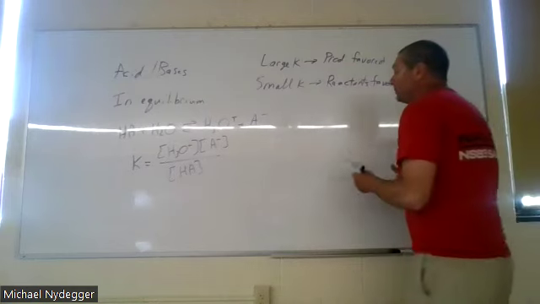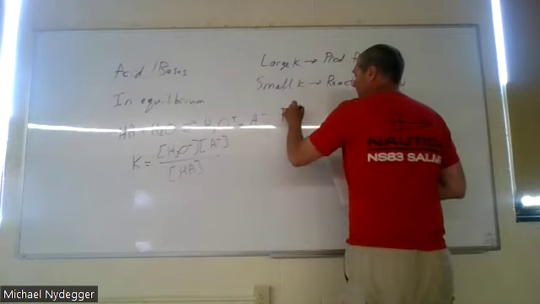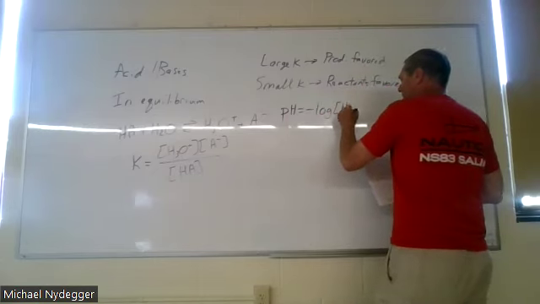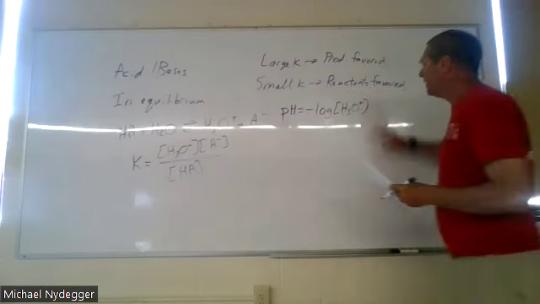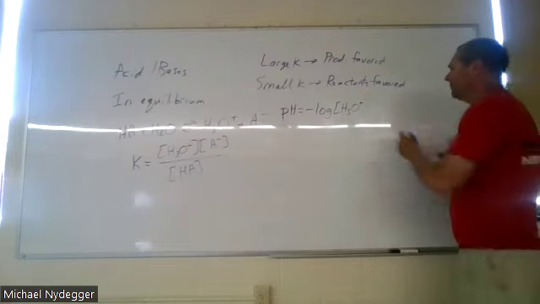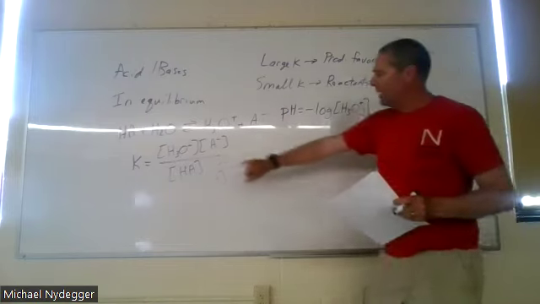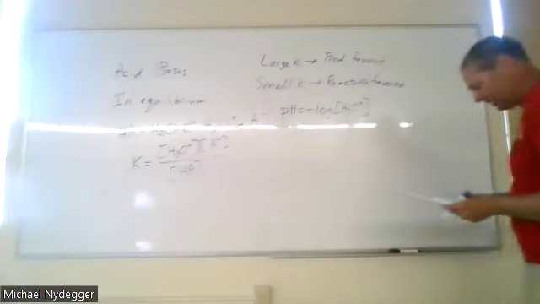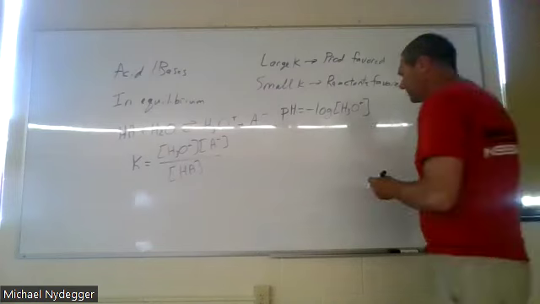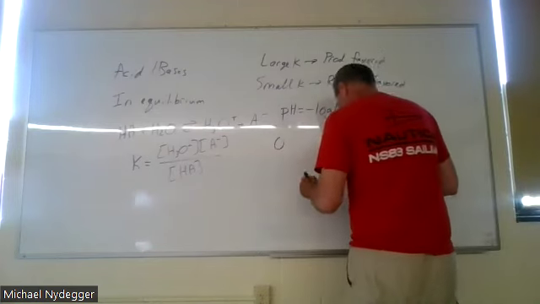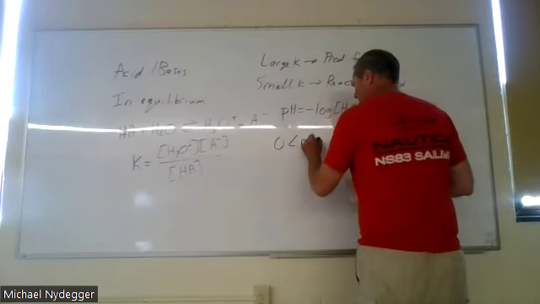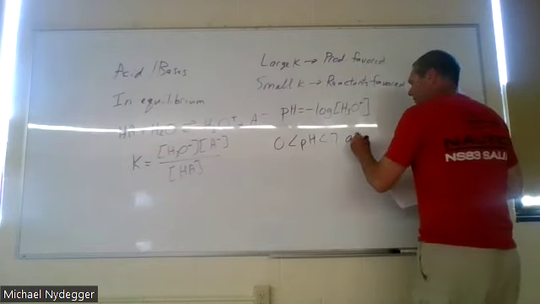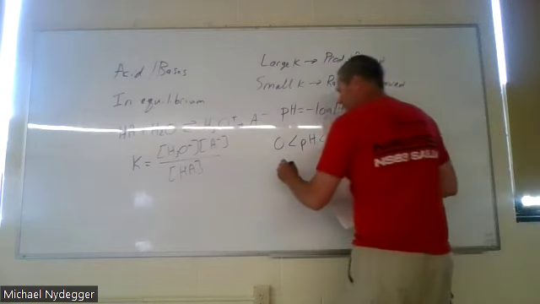Now we can tie this in with pH. Remember, pH is the minus log of the concentration of the acid. And it's going to be this acid, the one that's dissociated, basically the conjugate base or the conjugate acid. If we have a pH between 0 and 7, we know this is going to be acidic.